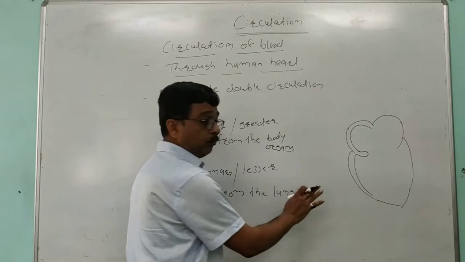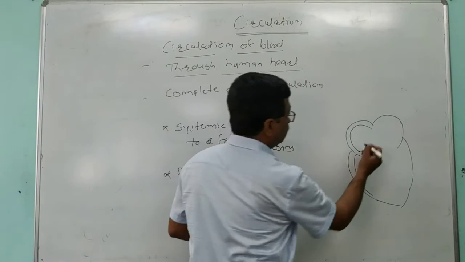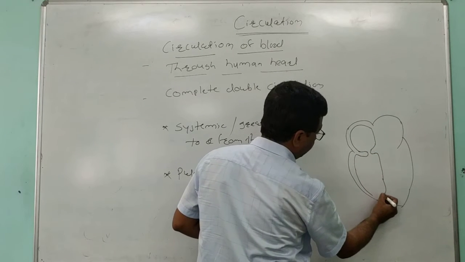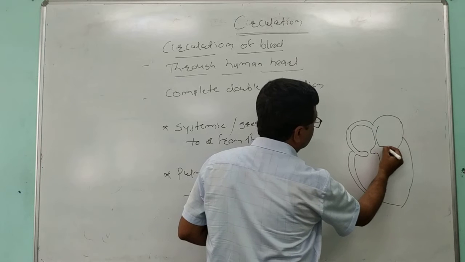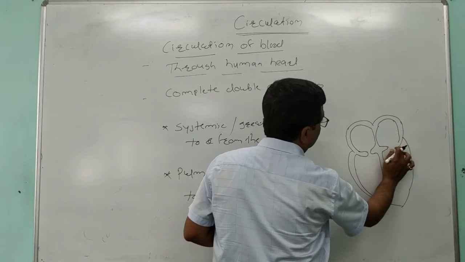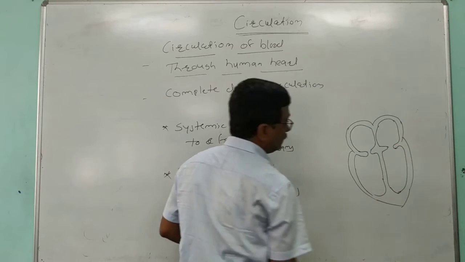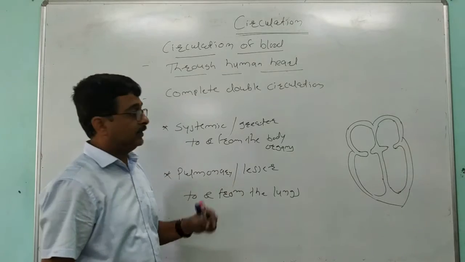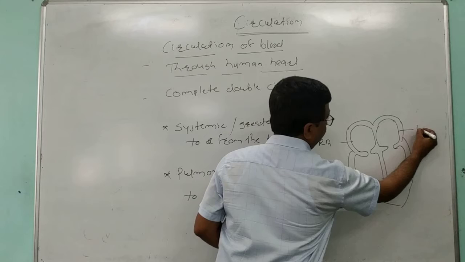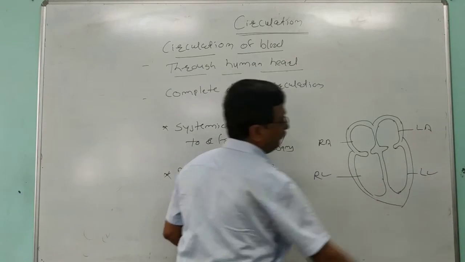We are not going to draw the chordae tendineae, papillary muscles, etc. We are just drawing a very simple diagram. This is the 4-chambered human heart. This is right auricle, left auricle, right ventricle, left ventricle.